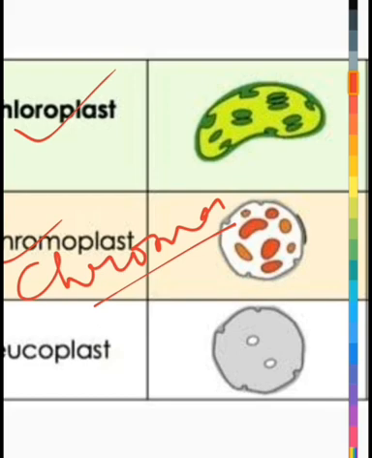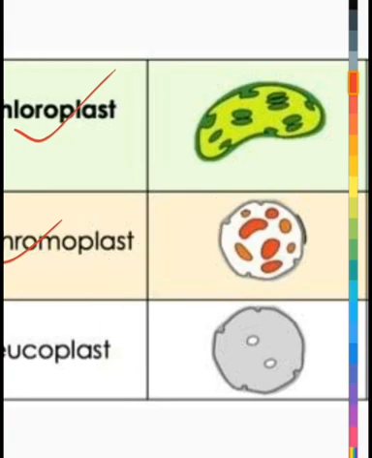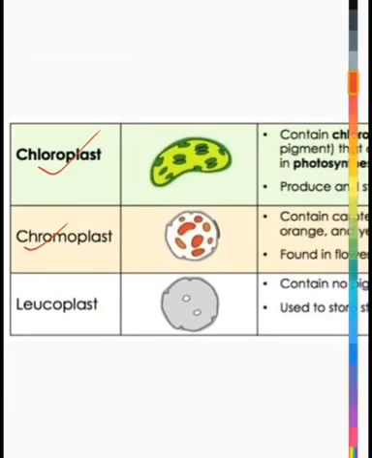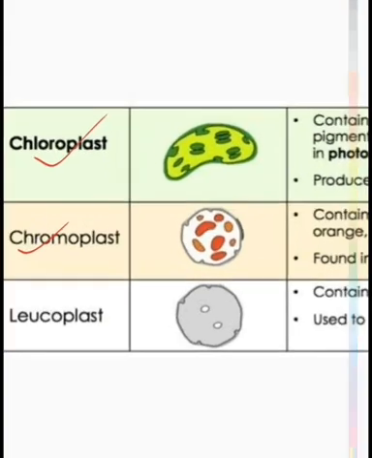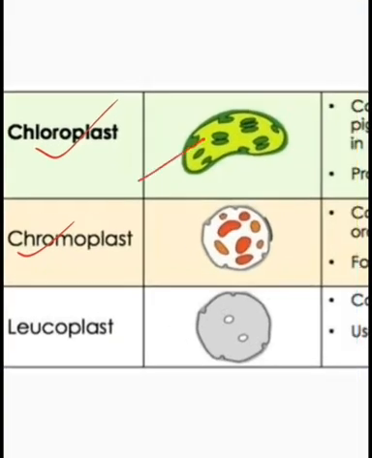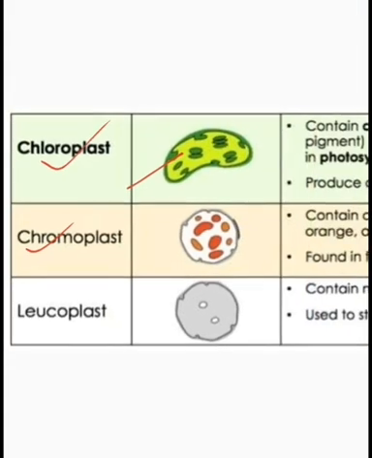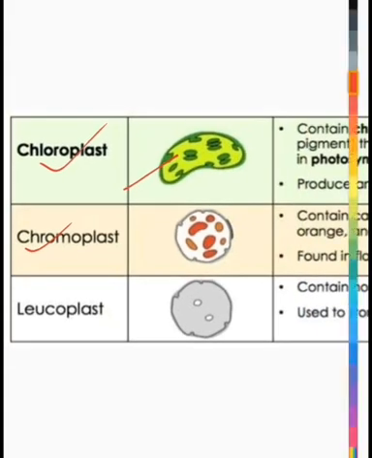So here the main point of chromoplast is they will contain some color other than green, because green has been occupied by chloroplast, and chromoplast consists of plastids which are mainly red or yellow or orange or brown in color.